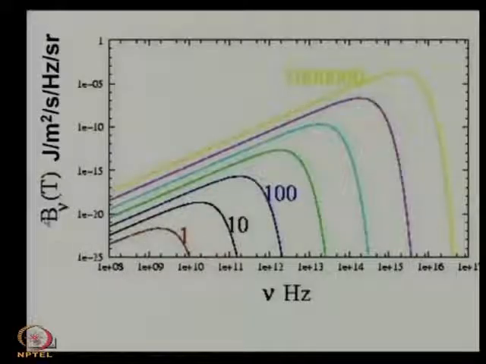Okay, and just as an example, look at these curves. Then we see that at around 1 Kelvin or 10 Kelvin, somewhere over here, the maxima are all in the radio microwave region. Okay, whereas for a few thousand Kelvin over here, it's in the optical, visual range, or ultraviolet, visual, infrared, and if you are looking at 1 million Kelvin or so, it is in the X-ray.